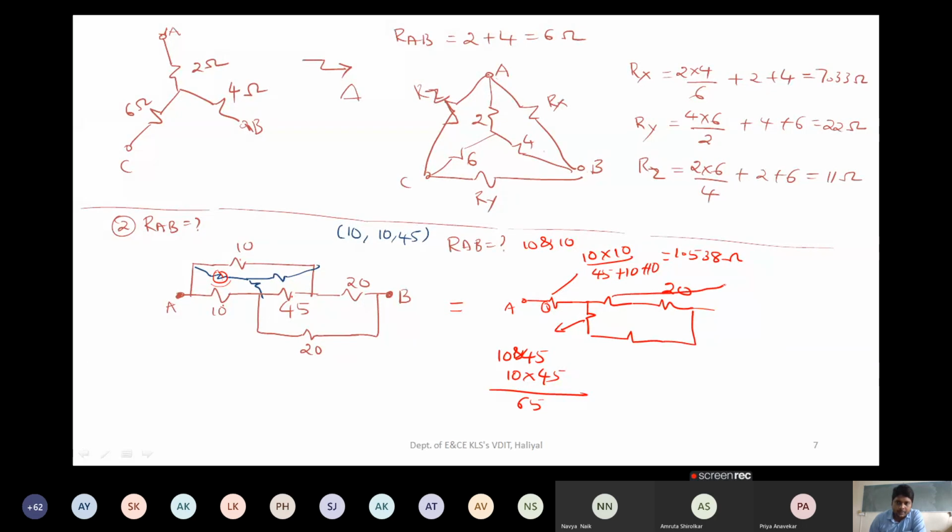Similarly, this resistor again is between 10 and 45, so it is the same, 10 into 45 divided by 65. Can you calculate and proceed further so that we'll look into this tomorrow?